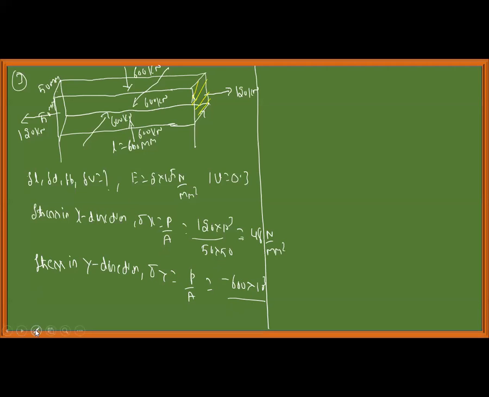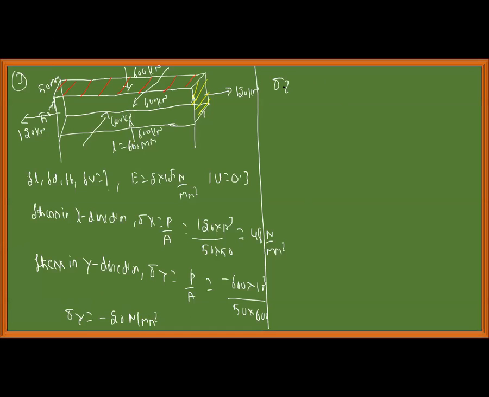This area is perpendicular to the load. It is 50 into 600. Sigma Y is equal to minus 20 MPa. You should write it like this: minus 20 Newton per mm square.